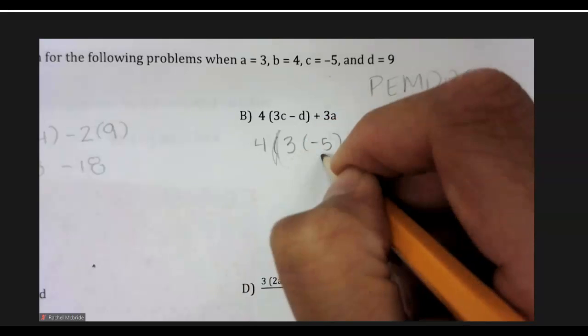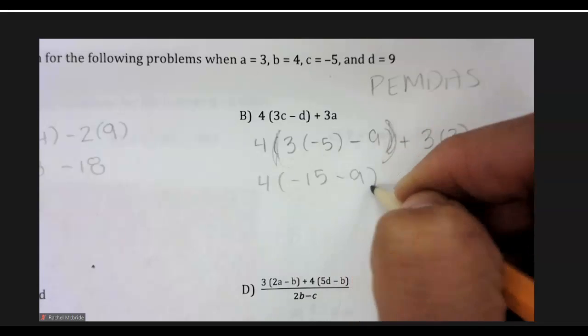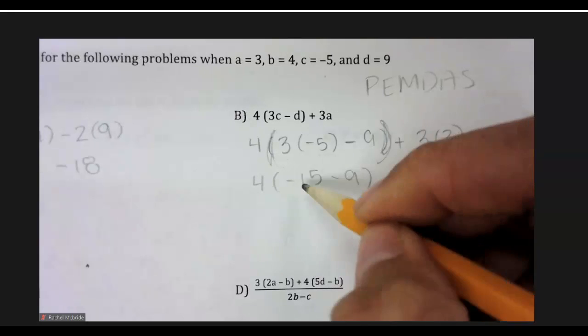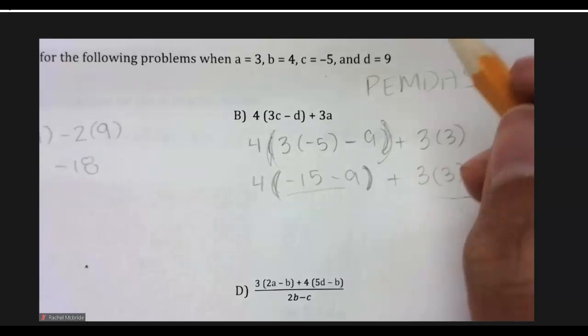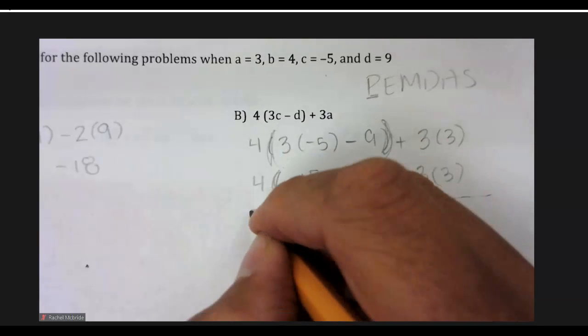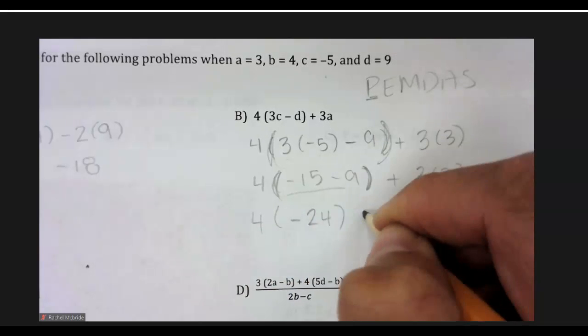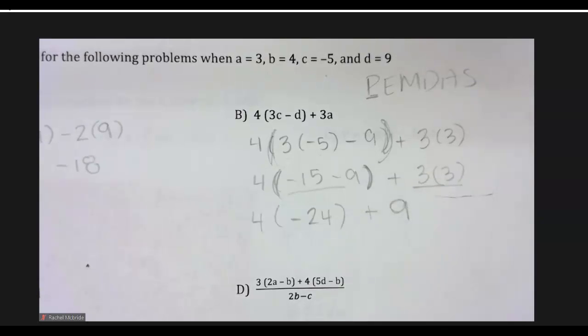So 3 times negative 5 is negative 15. Now you clean up the negative 15 and the negative 9 because we're still stuck on parentheses. So it's 4 times negative 24, plus 3 times 3, which is 9. Now 4 times negative 24 is negative 96.